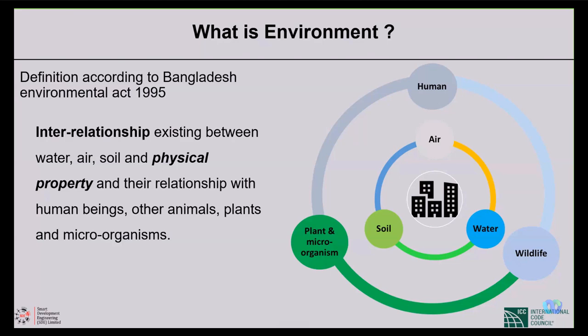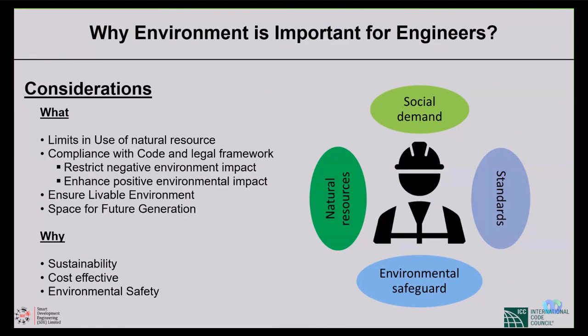That's important. That's what we have to look at when we build infrastructure. You cannot build without the environment. So now fundamentally we understand what environment is, and why it is important for engineers.